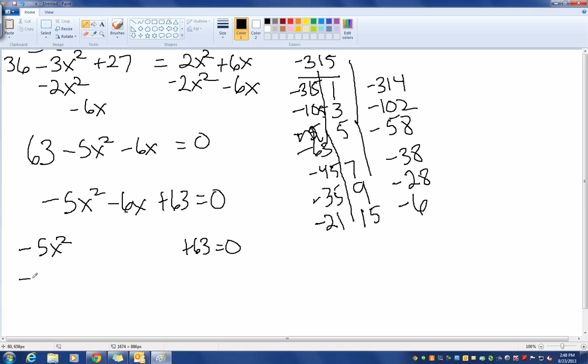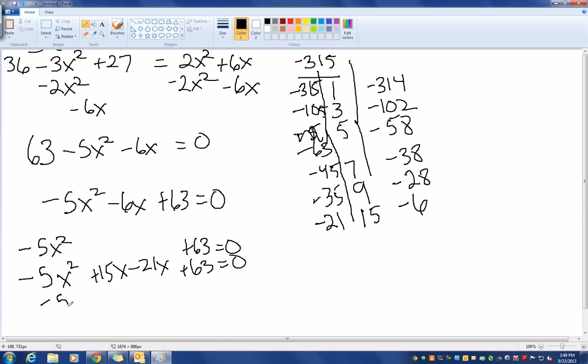So for all that, all we've done is negative 5x squared plus 15x minus 21x plus 63 equals 0. We've just re-expressed this so it can be broken into pieces and factored.